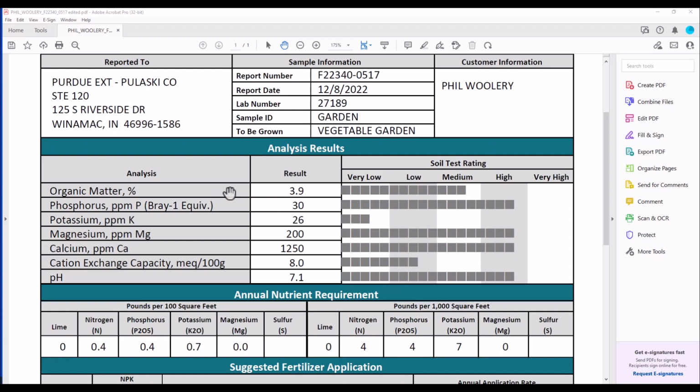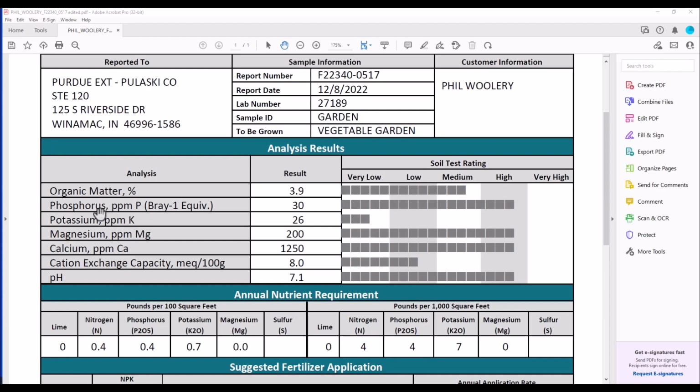The result is in percentage. Of the soil, we've got 3.9% organic matter, which is rated medium. I think that's pretty good, given the fact that the soil is fairly sandy.